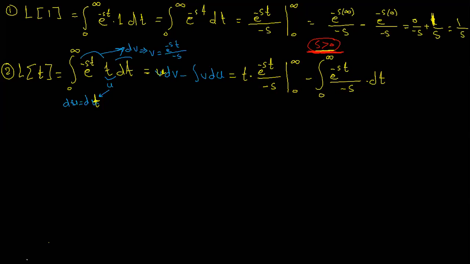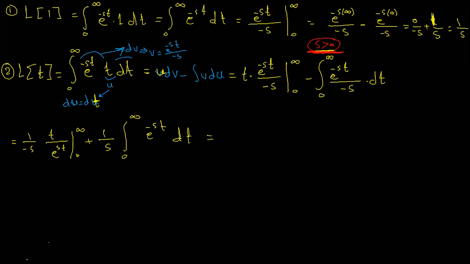I'm going to take negative s outside, and take e to the negative st down. So I have the following: 1 over negative s, t over e to the st, from 0 to infinity, plus 1 over s integral from 0 to infinity of e to the negative st dt.